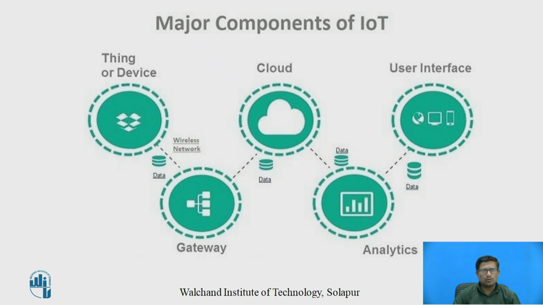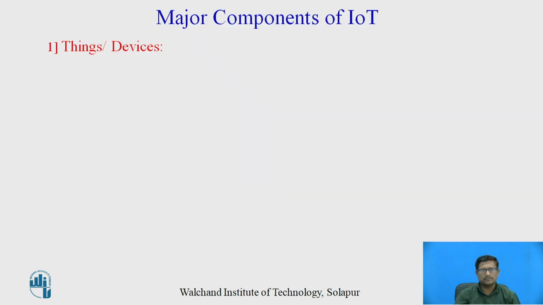The role of these things or devices is to collect the data and send it to the gateways. The second major component is the gateway. The third one is the cloud. The fourth one is analytics, and the fifth one is user interface. One by one we can discuss the points.